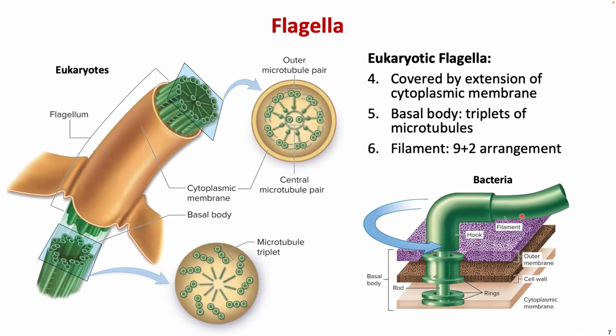It's made up of a 9 plus 2 arrangement of filaments, which we will go deeper into. The eukaryotic flagellum is more uniformly round with this basal body, and within it you can clearly see the cytoplasmic membrane here, and inside it are the central microtubule pairs.